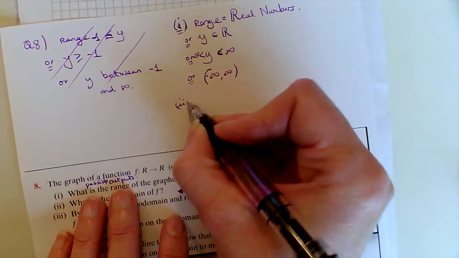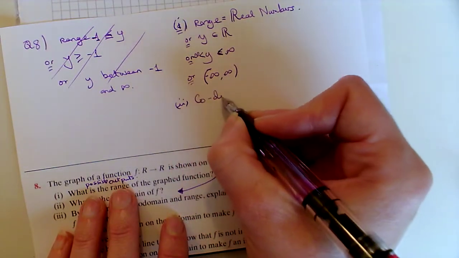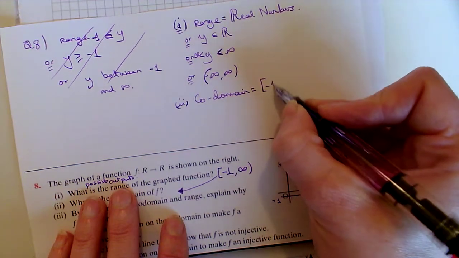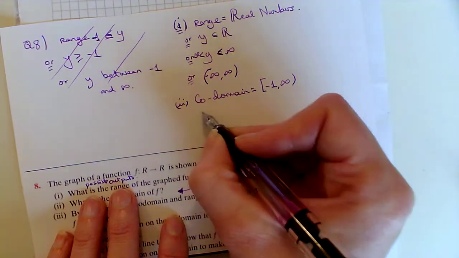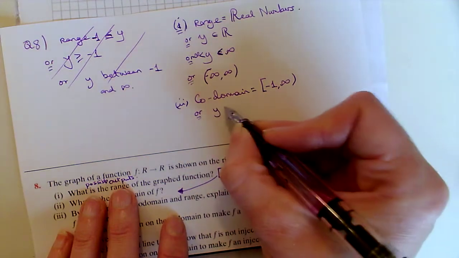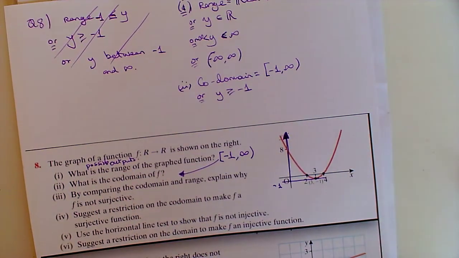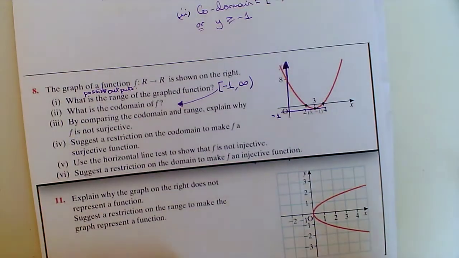And then my codomain, the actual used outputs, goes from -1 to infinity, or y greater than or equal to -1, or something like that. Okay, so apologies for the confusion then.